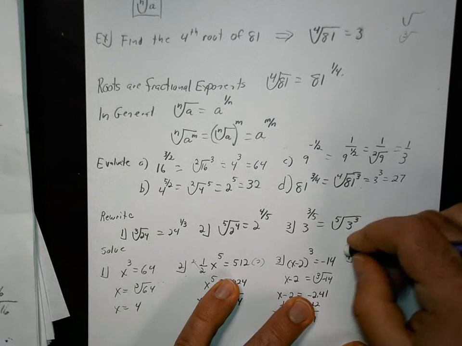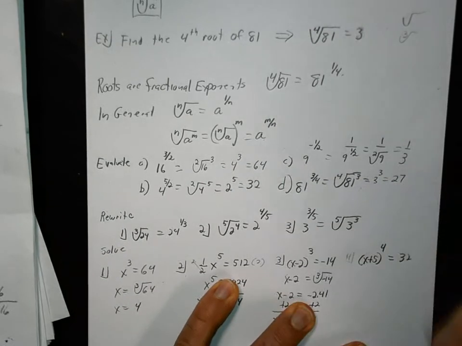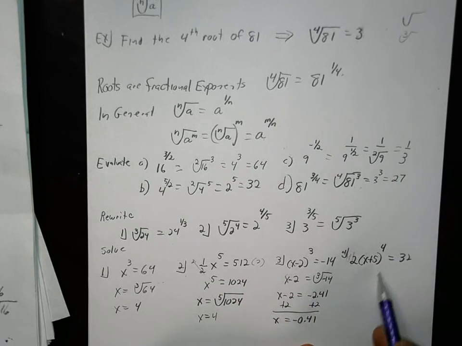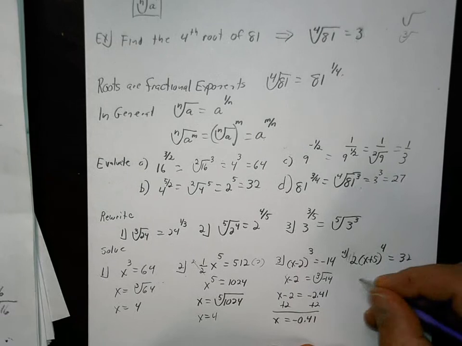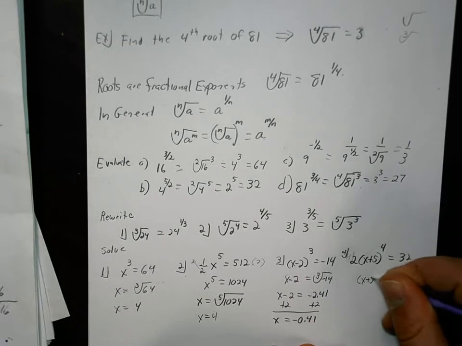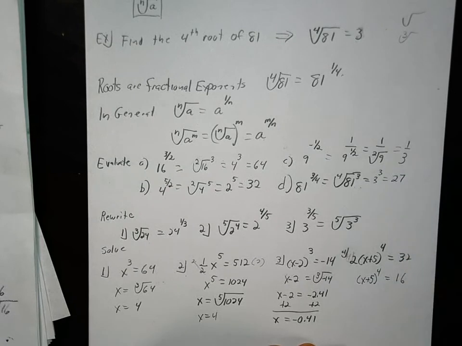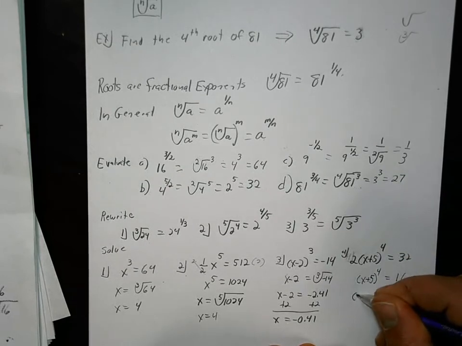Last one. Except I missed the 2 in front of there. Let me fix that. 2 times x plus 5 to the 4th equals 32. So my first step is going to be divide by 2. That gives me 16. Now I take the 4th root of both sides.